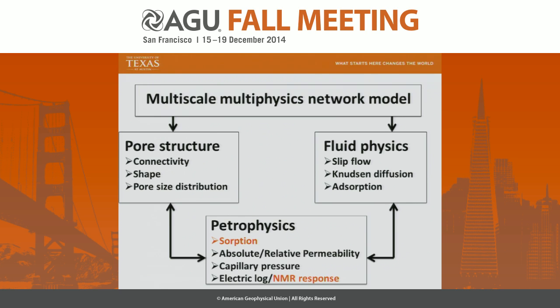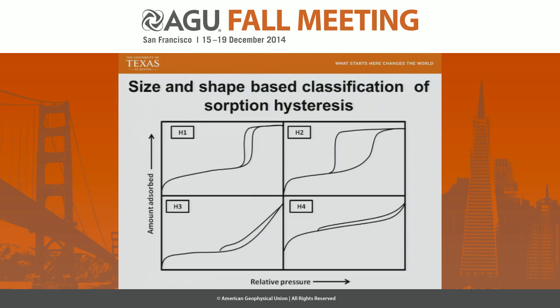One would be sorption hysteresis, which is measured in ex situ conditions and can increase the field of view, or the domain of the network that we are trying to create. And the other one is in situ conditions, and that would be the NMR response, specifically the restricted diffusion that is measured by the NMR response. So these are the macroscopic phenomena that will be the focus in this talk.